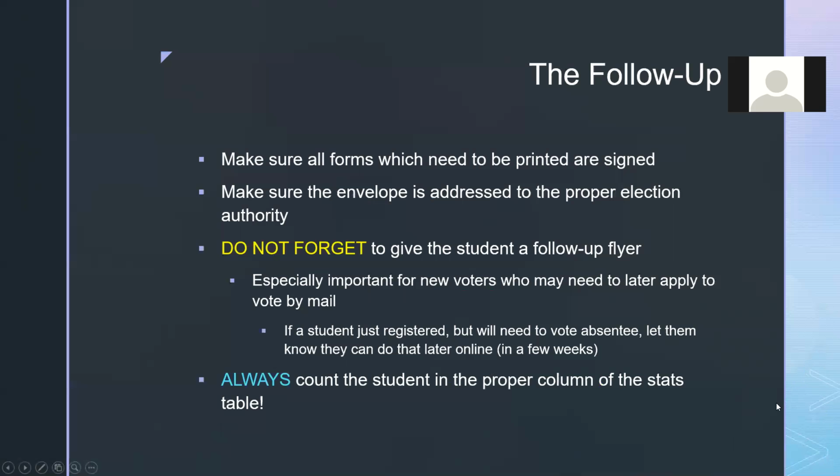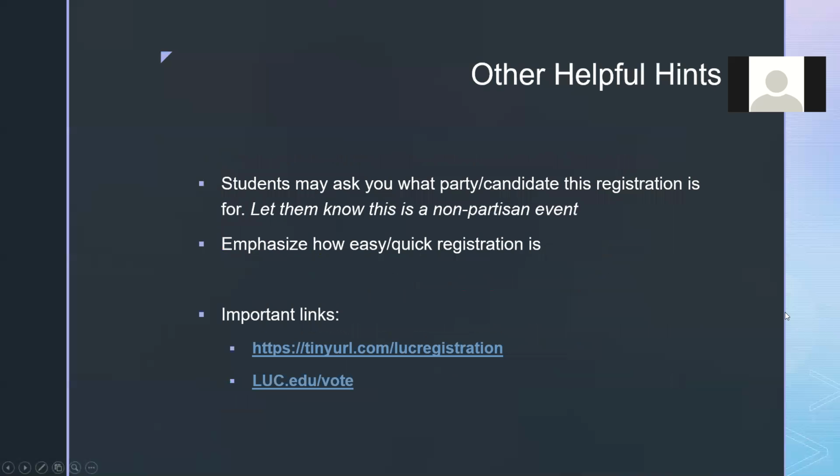If they just registered and they need to vote by mail, they'll need to wait a couple weeks for that registration to go through. That flyer will take them to a place where they can get information about how to check their registration and how to get that vote by mail ballot. So always count the student in the proper column of the stat sheet, because we want a really good record of what we're doing.